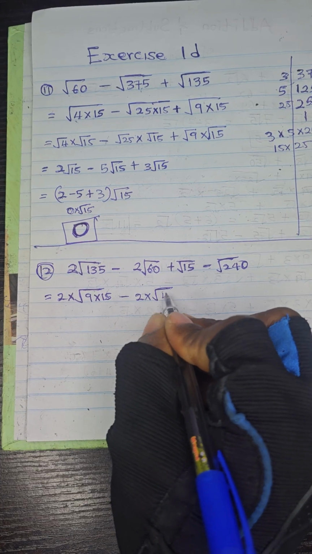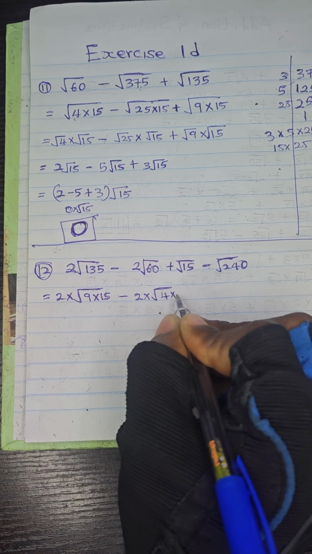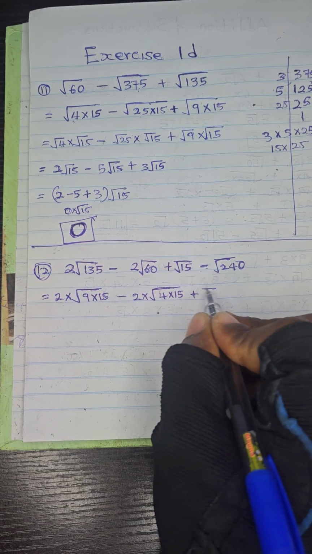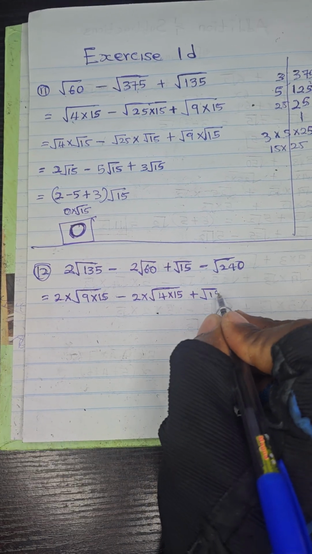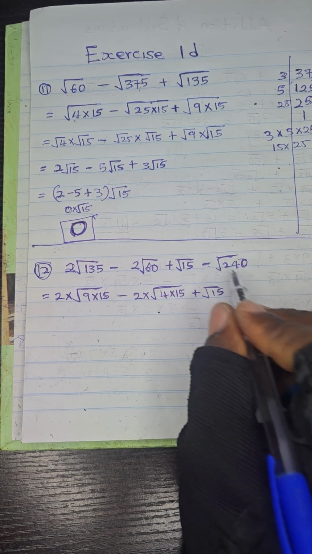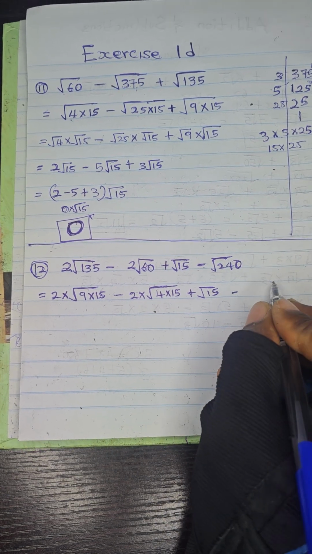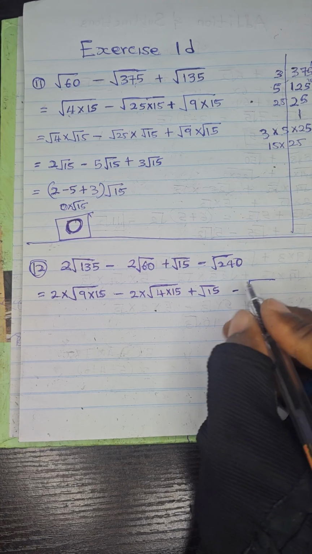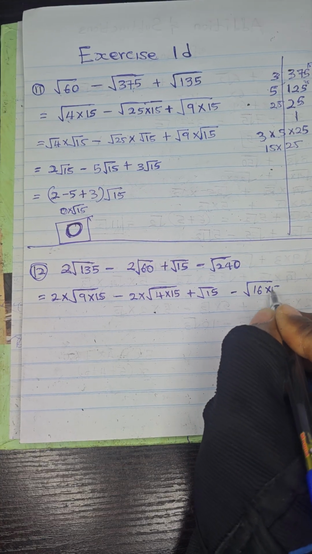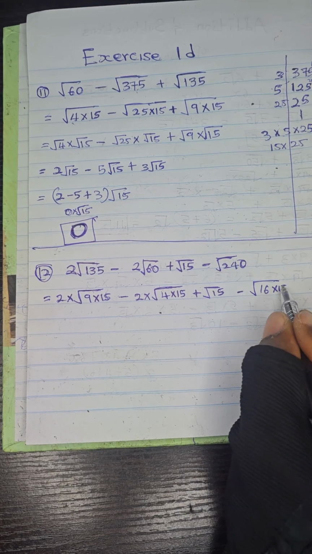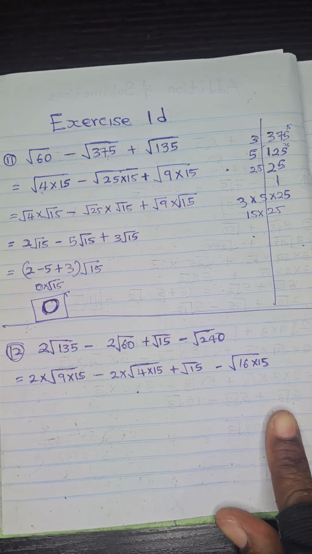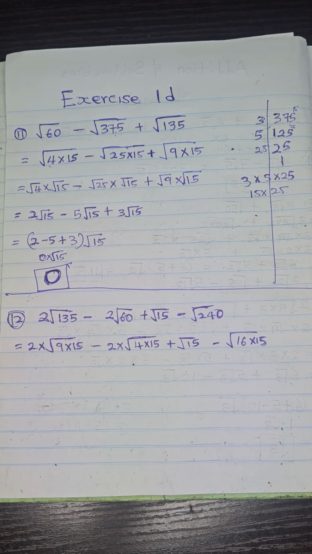We have 4 times 15 plus, this is root 15. There's nothing we can do to it. That's the least form of it. Then this 240, if you do it, you're going to get 16 times 15. So these are the factors.